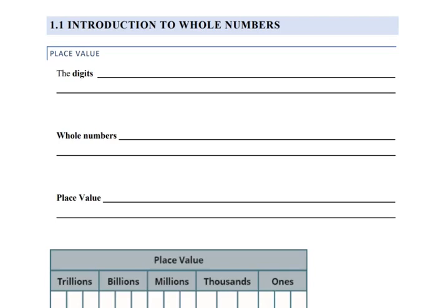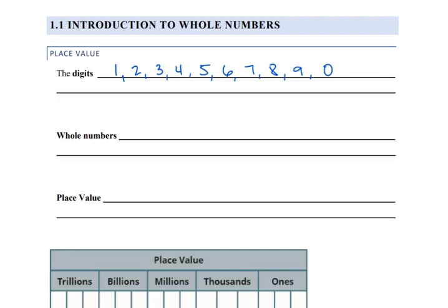So we're going to start with the concept of the place value. In order for us to express everything that we do in math with numbers, we need to have symbols to record the variety of numbers that we have in mathematics. We use digits. So digits such as 1, 2, 3, 4, 5, 6, 7, 8, 9, and 0.